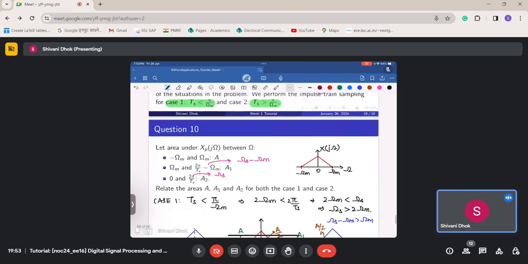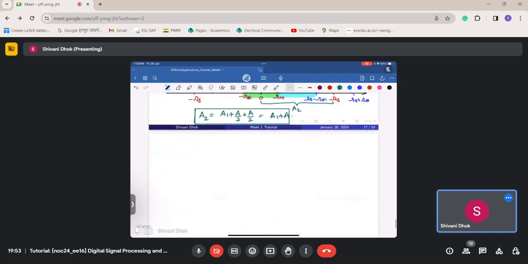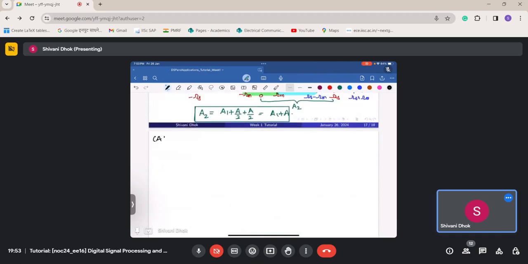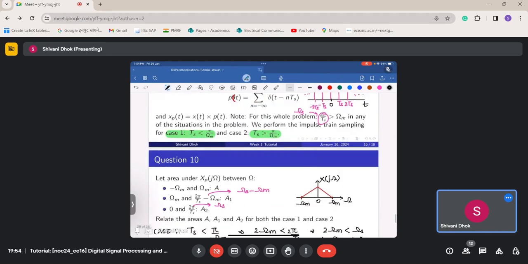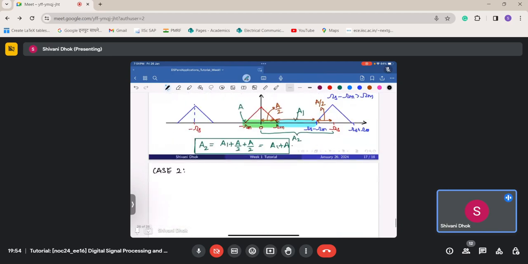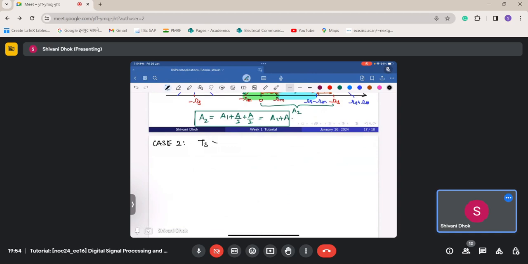Now what happens in case 2? In case 2, we have Ts greater than pi by omega m, which implies that omega m is greater than pi by Ts, which implies that 2 times omega m is greater than 2 pi by Ts, which implies that 2 omega m is greater than omega s.